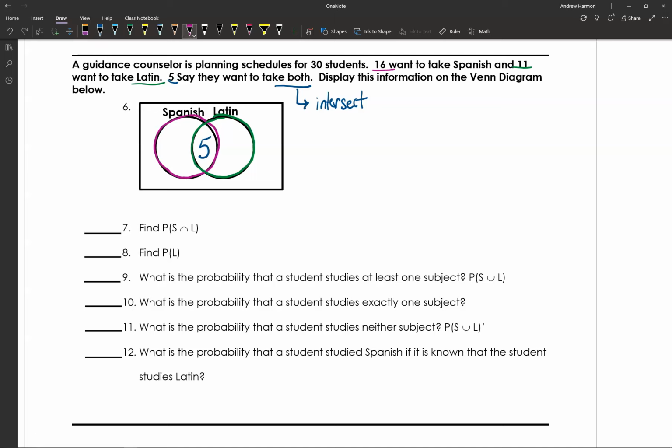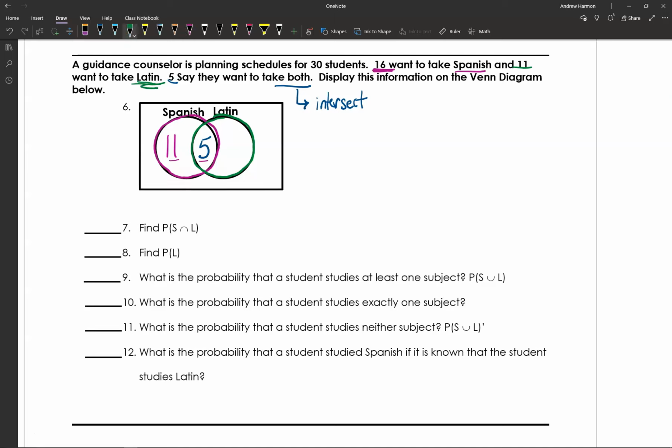Now from there, if we want to put that 16 took Spanish, we already have 5 in that Spanish category. Then what we need left to make a total of 16 is 11. And that way the total Spanish is 11 plus 5, which gives us 16.